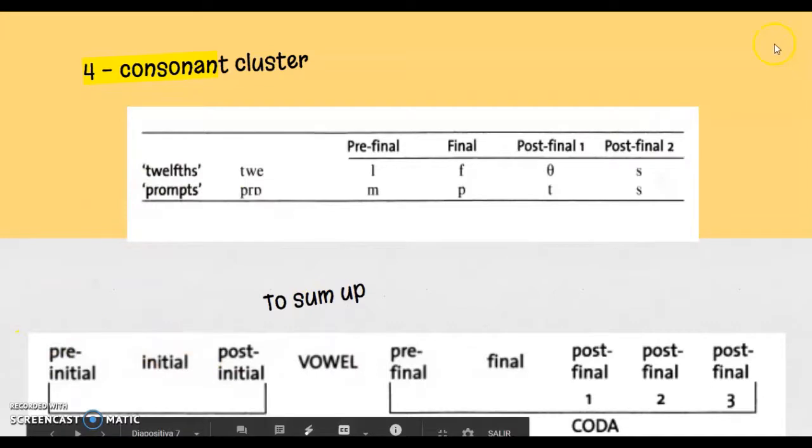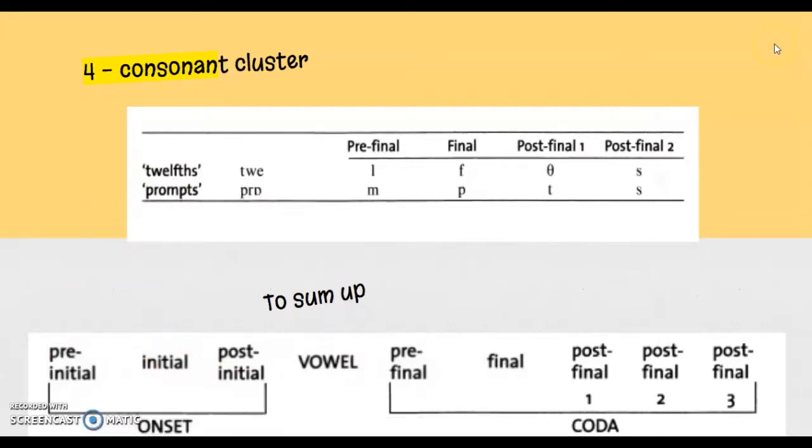You have pre-initial, initial, and post-initial. Those are part of the onset of a syllable. Then you have the vowel, which is the center, and the coda, which is the tail or the final part: you have the pre-final, the final, and you can have a post-final version 1, post-final version 2, and post-final version 3.